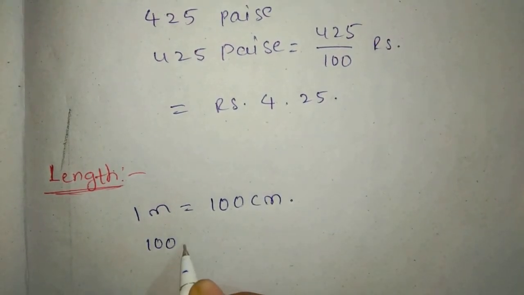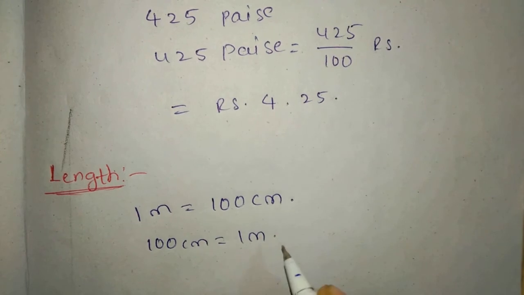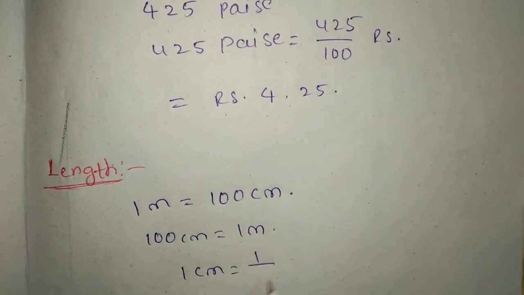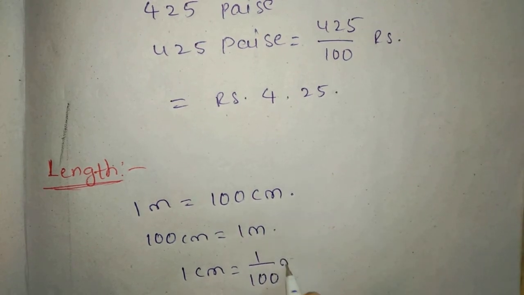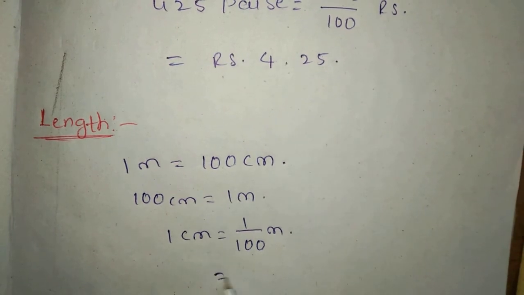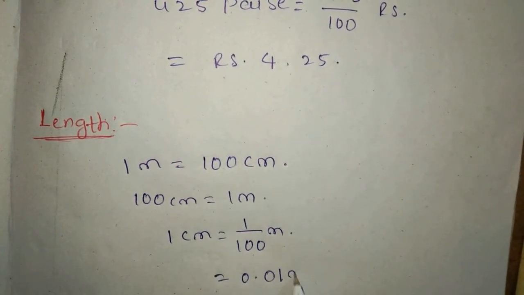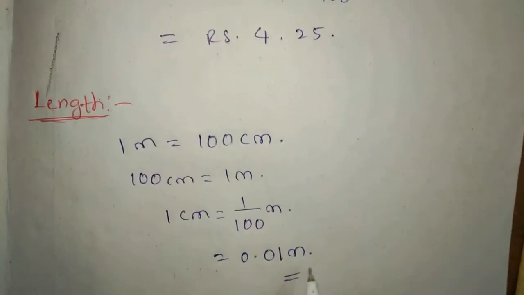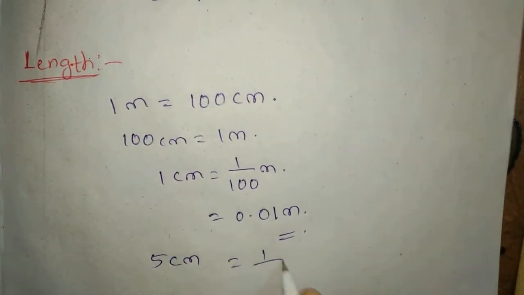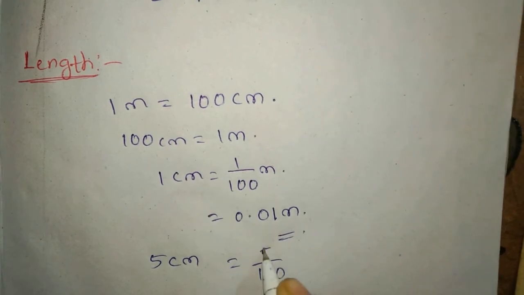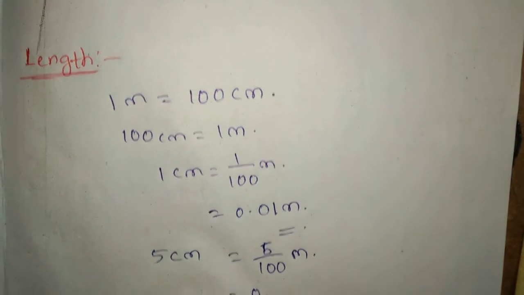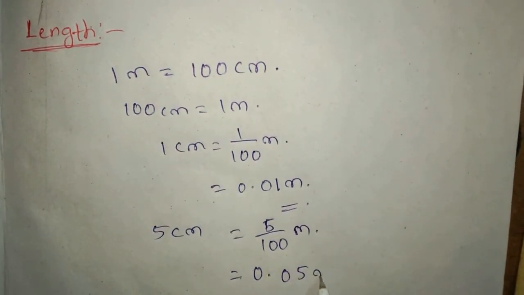Then 1 centimeter is equal to 1 by 100 meters, which can be written as 0.01 meters. Then 5 centimeters is equal to 5 by 100 meters, which can be written as 0.05 meters.